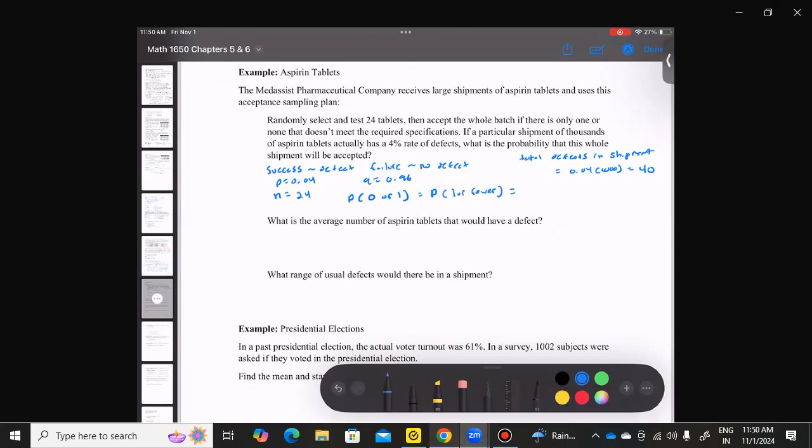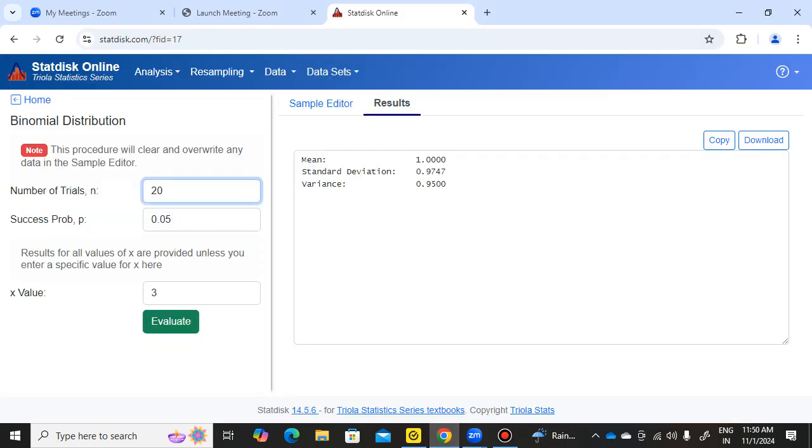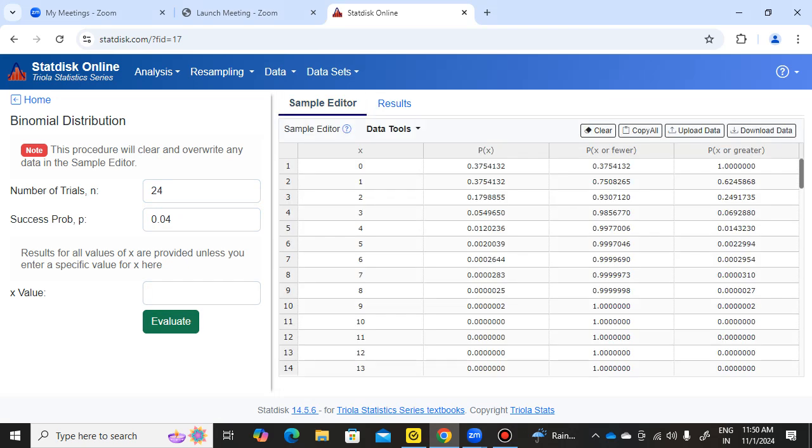So let's put this into StatDisk. So 24 tablets, 0.04 probability of a defect. And so one or fewer will be 0.7508.